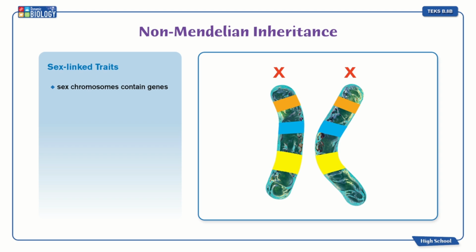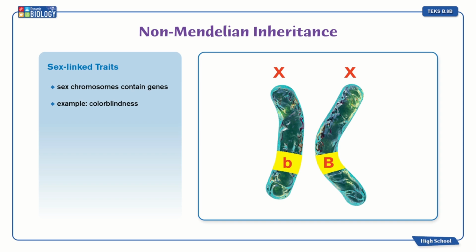Because they both are X chromosomes, they represent a biological female. Now let's focus on the yellow gene for a moment. Let's say it's a gene that affects vision. The allele for normal vision, represented by a capital B, is dominant to the allele for colorblindness, represented by a lowercase b. So, would this individual be colorblind?